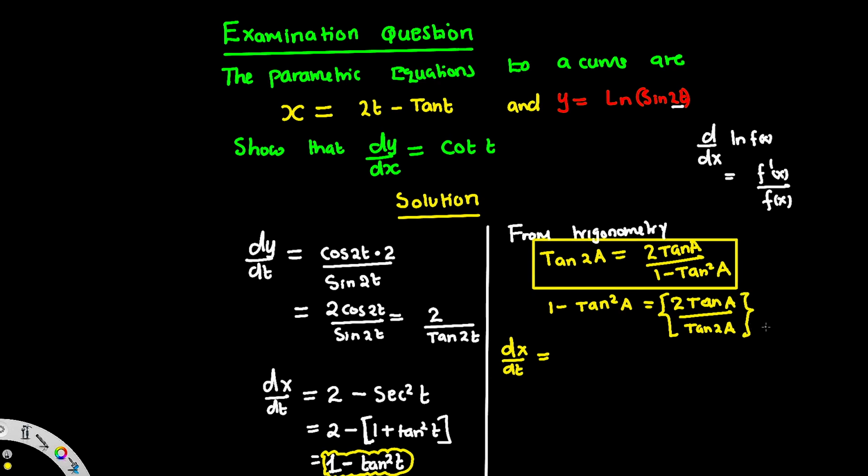When we are writing this, A can be expressed in terms of t, because in our parametric equation we are having t. Let us write now, that is 2 tan t over tan 2t, that is our dx dt.